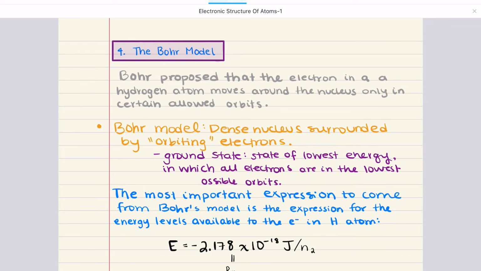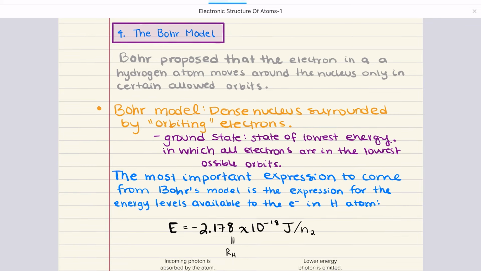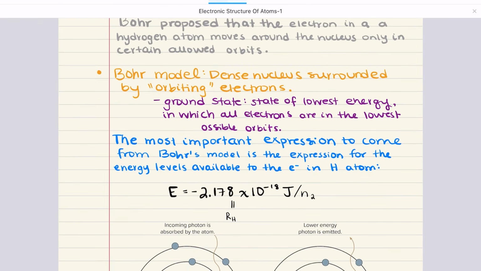Now, in mathematical terms, Bohr expressed the energy levels of the electron in the hydrogen atom as E equals minus R_H over n squared. R_H is Rydberg's constant for hydrogen, and this is equal to 2.178 times 10 to the minus 18 joules per electron.